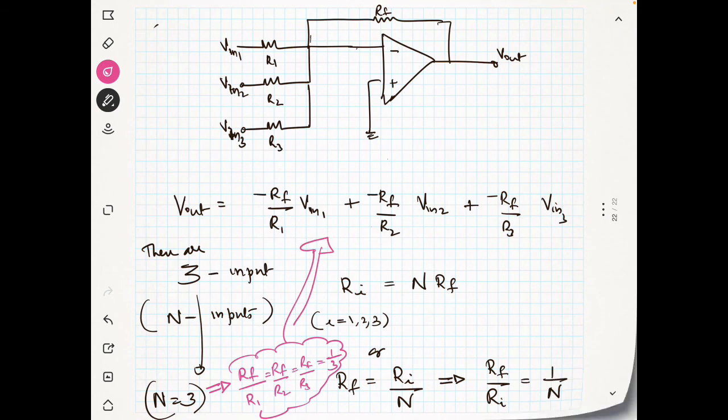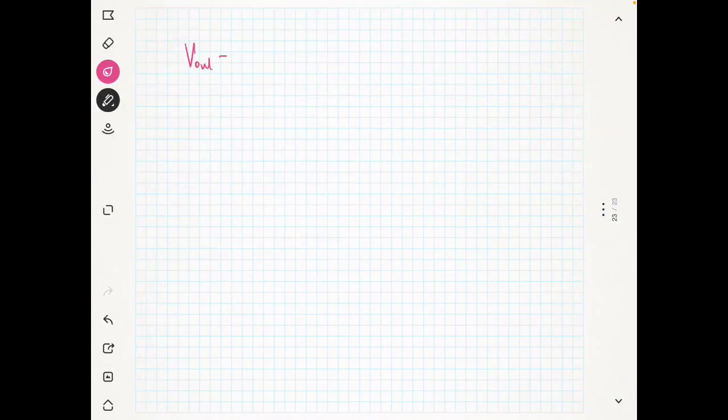Then what will happen for the above example here? Now V out is equal to minus Rf by R1 into V in 1, plus minus Rf by R2 into V in 2 plus minus Rf by R3 into V in 3.